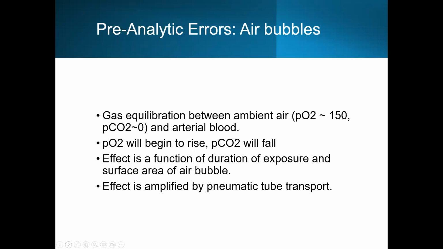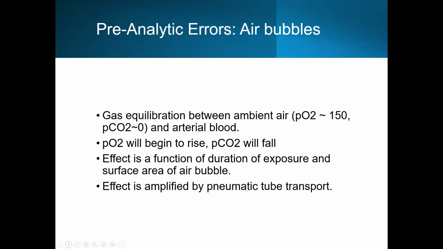Pre-analytic errors. It's not unreasonable to expect that the NBRC may throw one of these at you, okay? And really what they're looking at is gas equilibration between ambient air and arterial blood. So if you have a big air bubble in that sample, the PaO2 is going to want to gravitate towards 150, which is the PaO2 of ambient air.